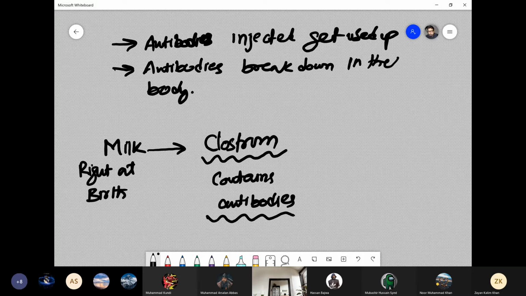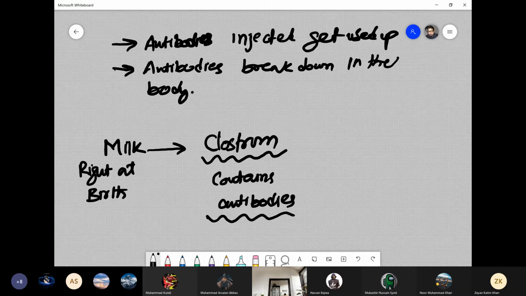Right? So Allah has made this colostrum, which contains antibodies against all the germs that a mother became exposed to. Let's suppose a mother who is 30 years old came across thousands of pathogens in her life, and there are thousands of types of antibodies present inside her body.